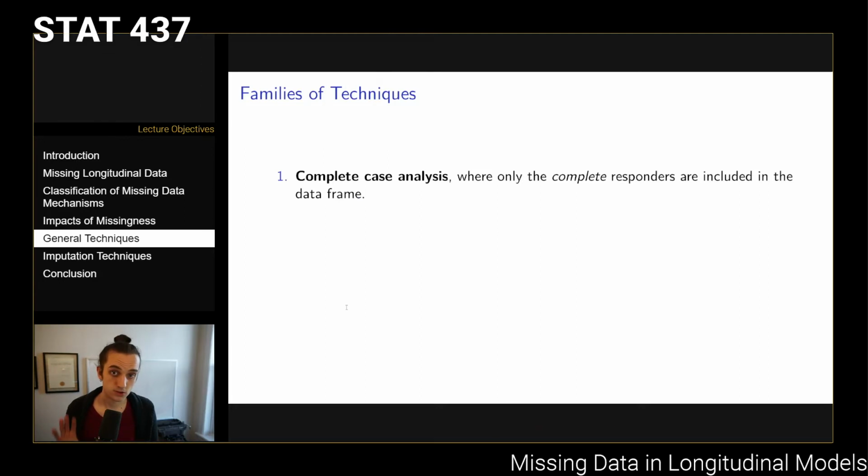So we're going to talk about sort of 4 families of techniques, and we've already briefly touched on 2 of them, so that's good. The complete case analysis is going to take just the complete responders in the data frame, right? So you just drop everyone who you didn't respond to fully.